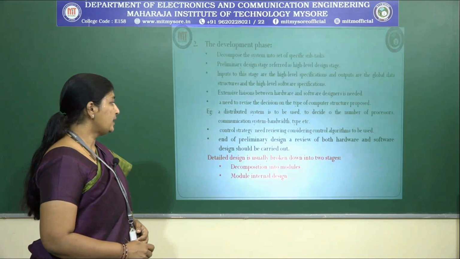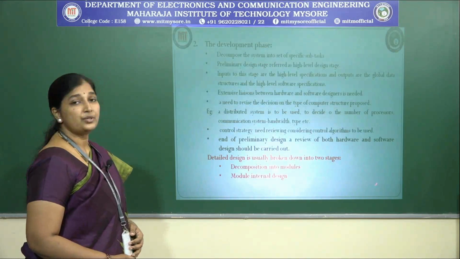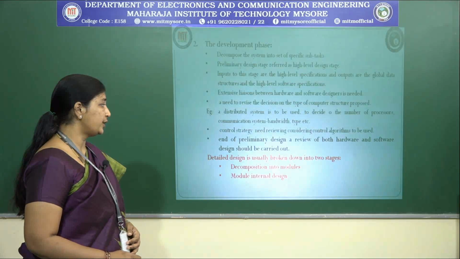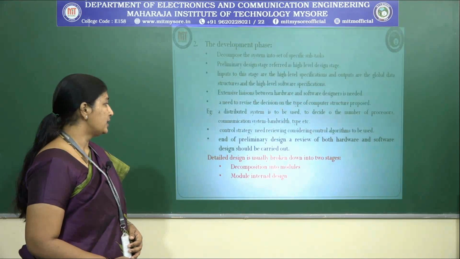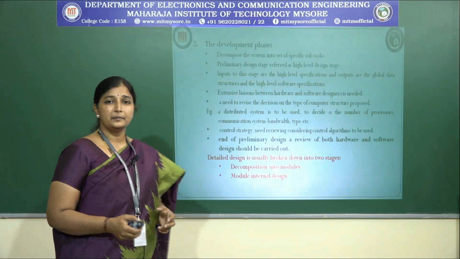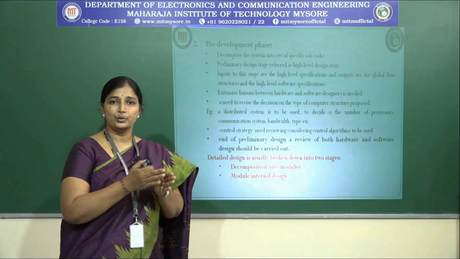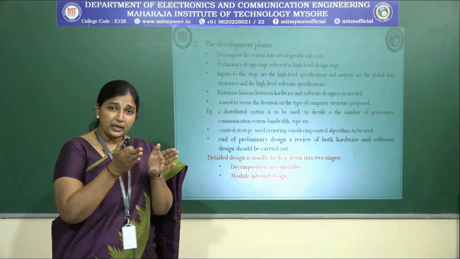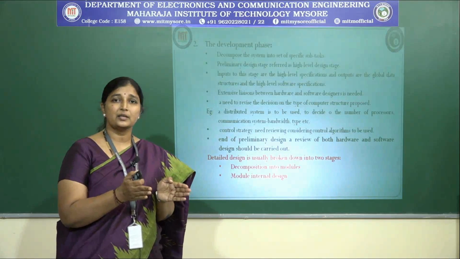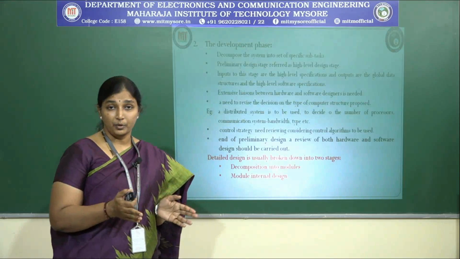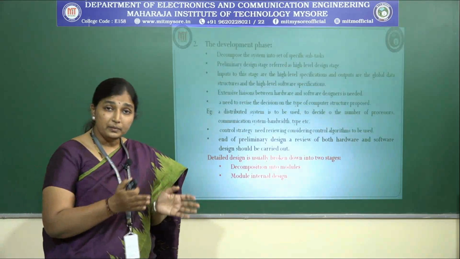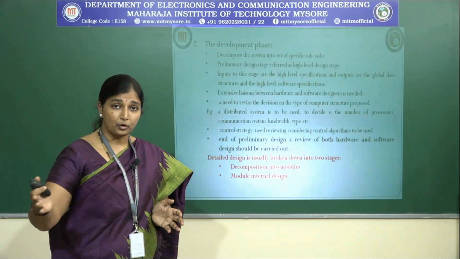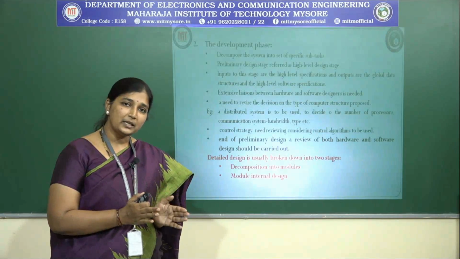Okay. So detailed designing is usually broken down into two stages. One is called decomposition into modules, and the other is module internal design. Detailed designing is nothing but, as I told you, the entire process can be broken into subtasks, right? So if you take one single task, let us talk about designing a PCB board. For a simple PCB board, there are multiple boards to be designed, but we're going to take one single PCB board.